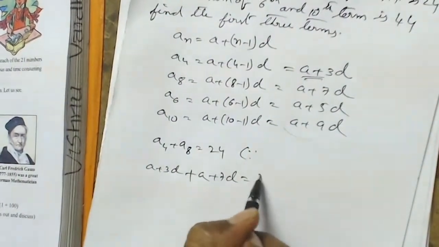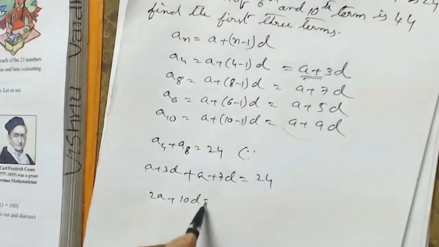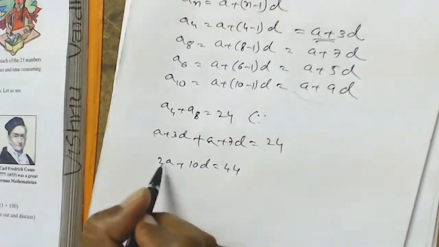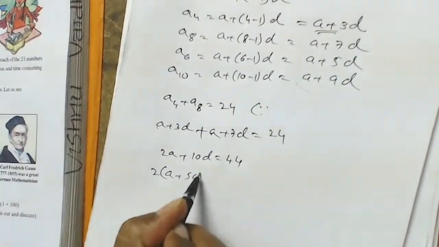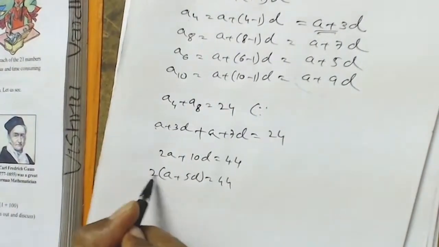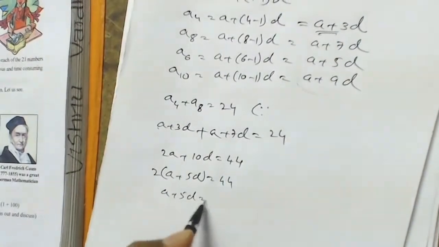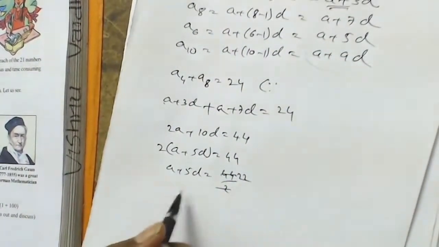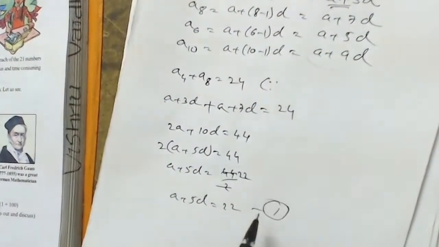This sum is equal to 24. For A, if you add another A, you get 2A. For 3D, if you add 7D, you get 10D. So 2A plus 10D is equal to 24. 2 and 10 are in the 2 table, so you can take 2 as common: 2 times A plus 5D is equal to 24. If you take 2 to that side, it will divide 24 by 2, and you will get 12. A plus 5D is equal to 12 is equation number 1.